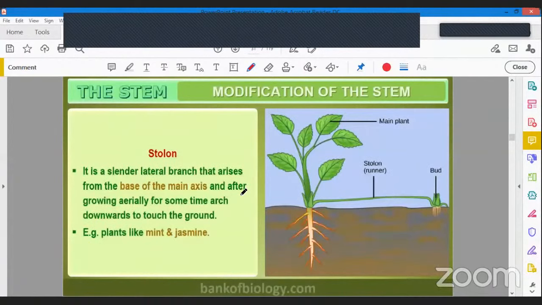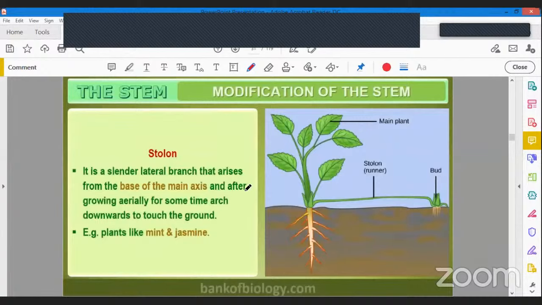Done. So next we go to the next one, modification of stems for propagation. Here, stolon. You would have heard this word in the second year chapter, that is in sexual reproduction in flowering plants, and first in reproduction in organisms: stolon, offset, and all that. So, stolon is a slender lateral branch that arises from the base of the main axis.